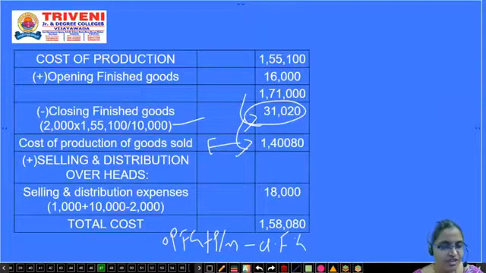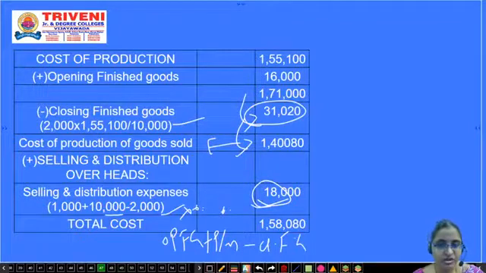The opening finished goods was 1,000 plus number of units produced 10,000 minus closing finished goods 2,000. Now you got 9,000 into 40 paise, that means 18,000.